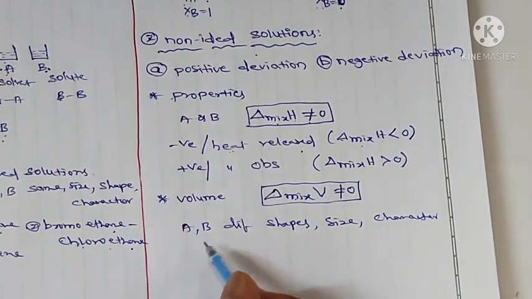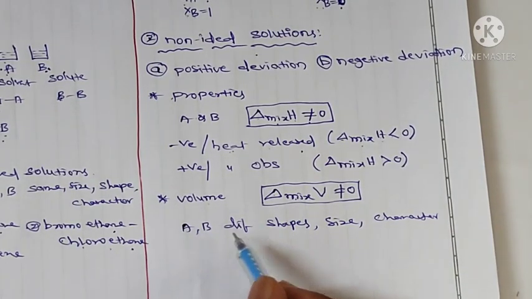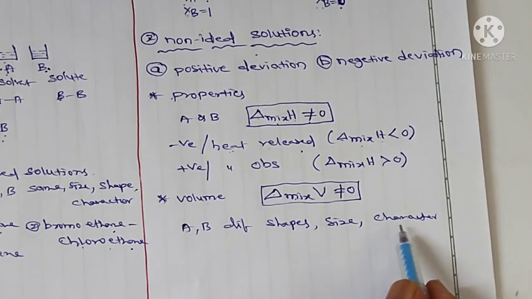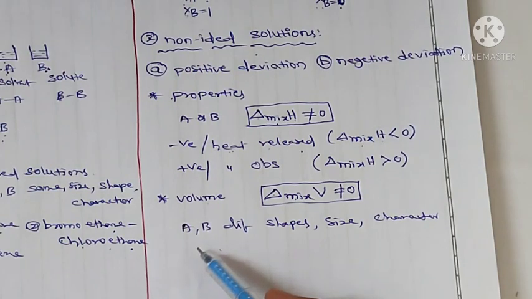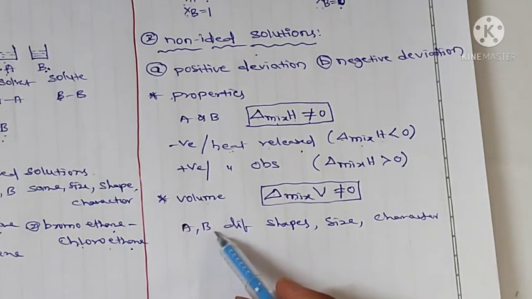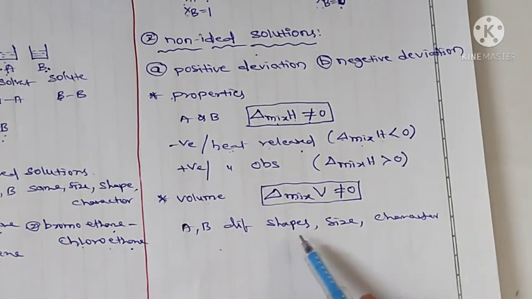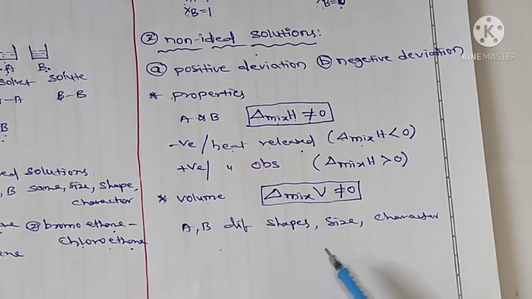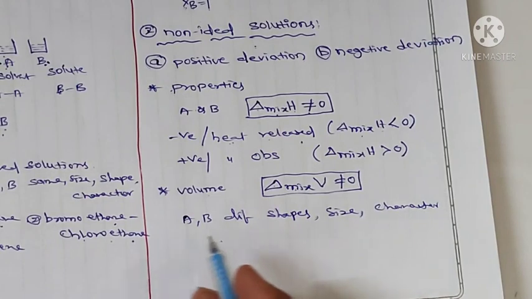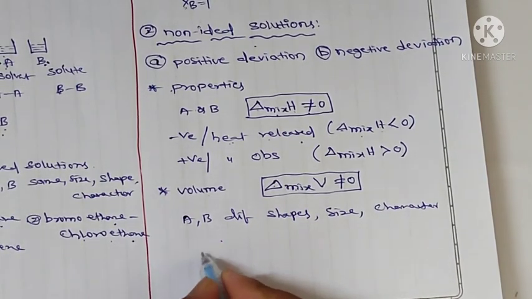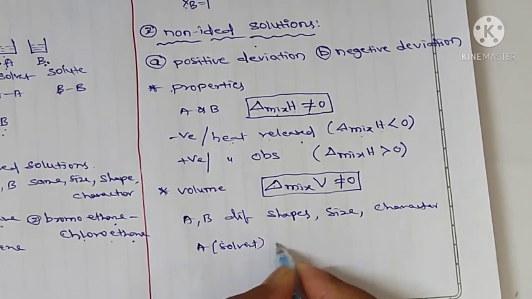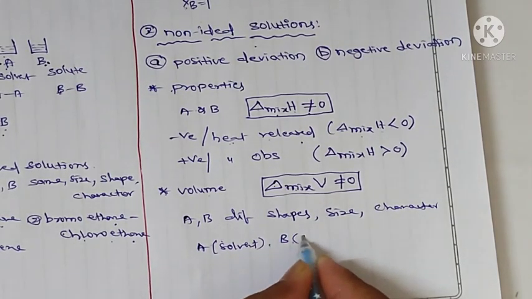But in ideal solutions, components A and B have the same size, same shape and same character. But in non-ideal solutions, component A and component B have different shapes, different sizes and different characters. So here I consider component A as a solvent and component B as a solute.